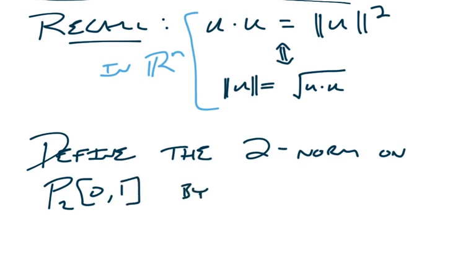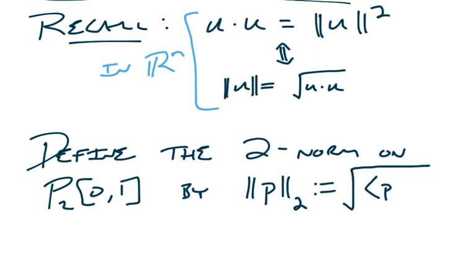And we define it as the following. The notation is a norm with a subscript of 2, and it is defined to be the square root of the inner product of P with itself.